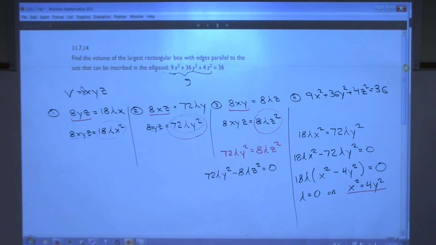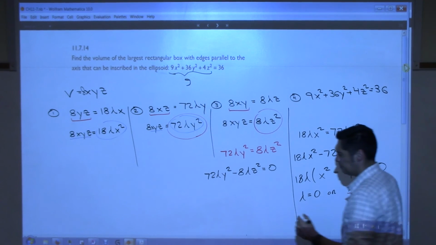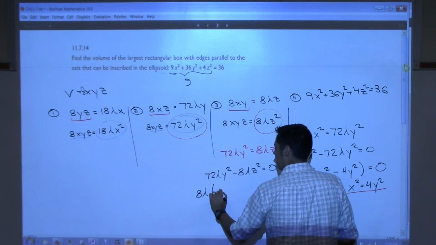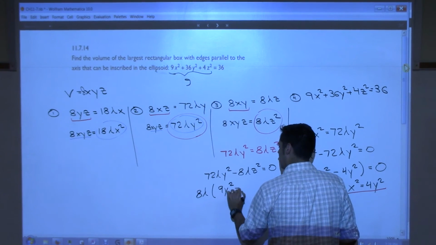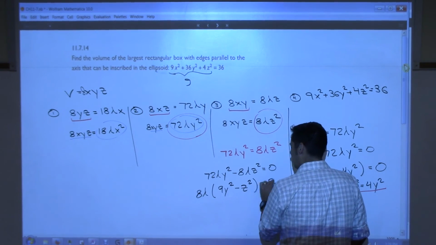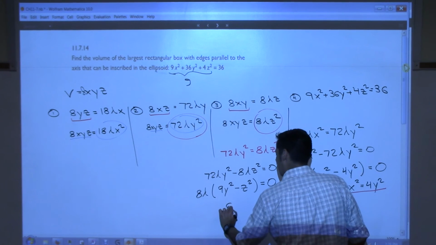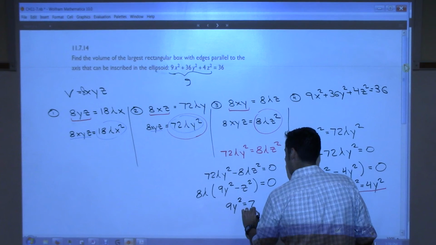Factor out a GCF, which would be 8 lambda, and you're left with 9y squared minus z squared, which means lambda is 0 or 9y squared equals z squared.